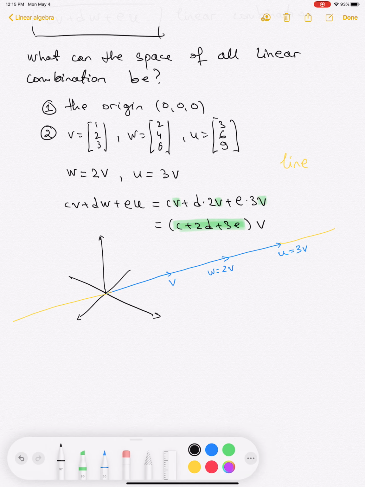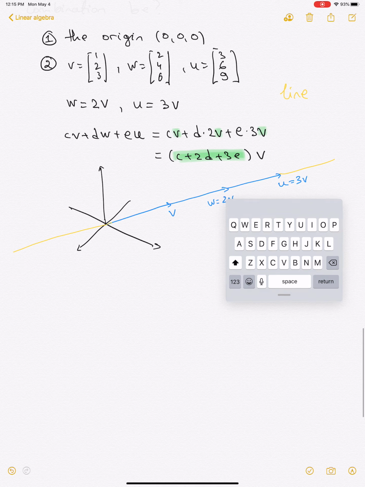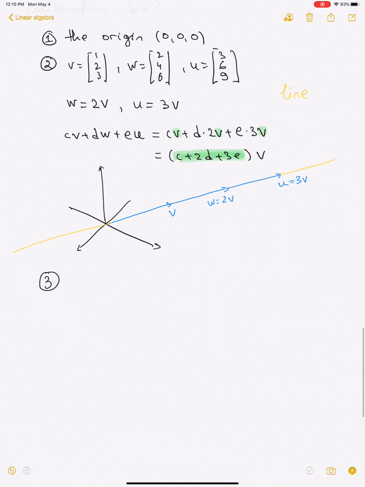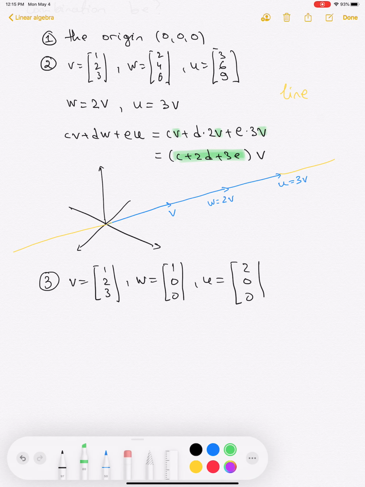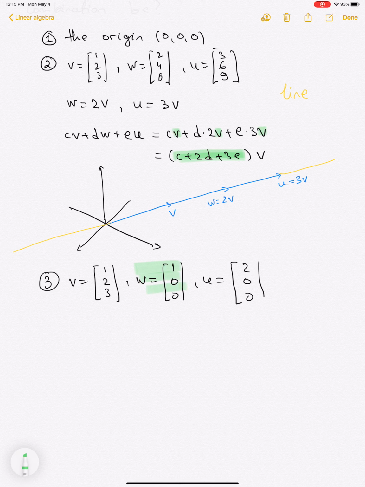Now, what's another possibility? The other possibility is that we get a plane. So for example, if V is 1, 2, 3, W is 1, 0, 0, and U is 2, 0, 0. What we see here is that these two vectors are essentially the same.